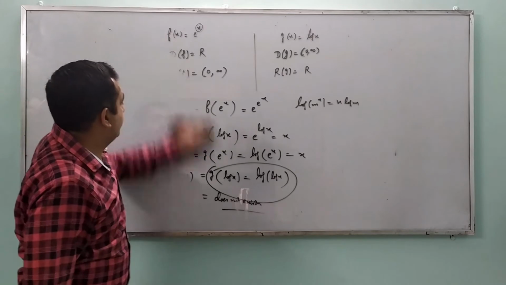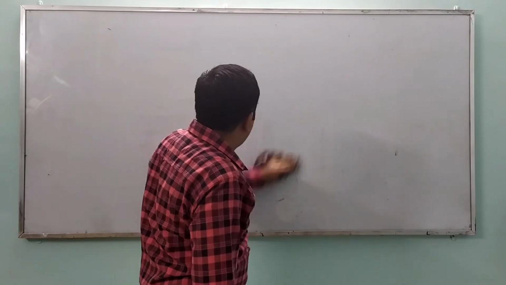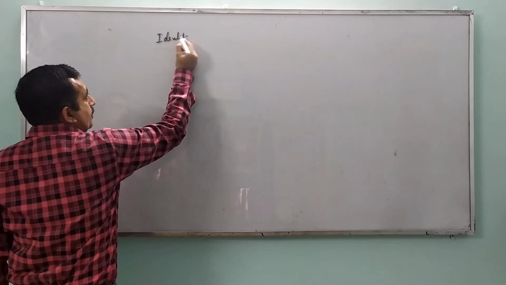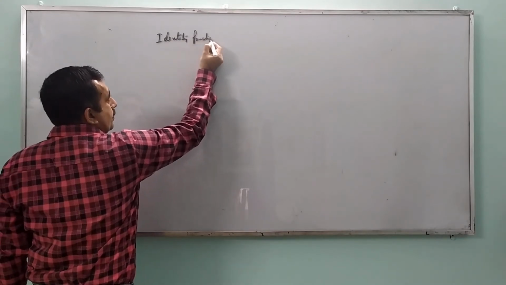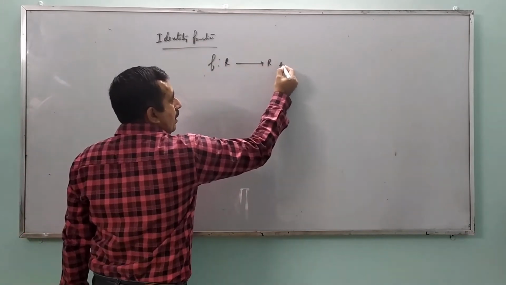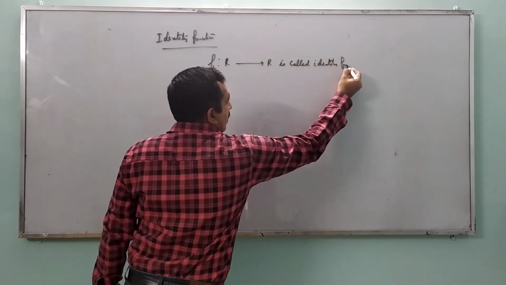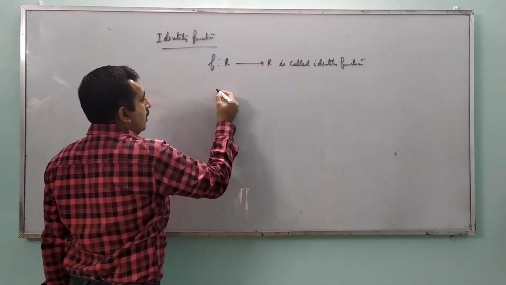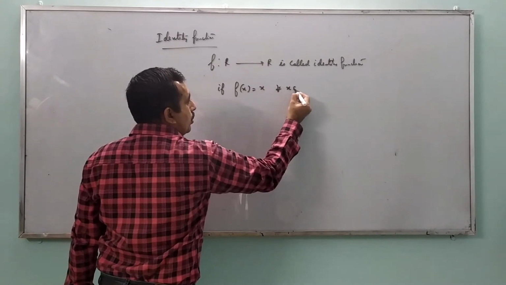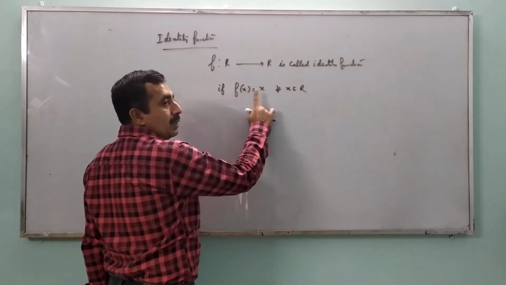See next thing. Next definition is identity function. A function from R to R is called an identity function when f(x) equals x for all x belonging to R. If the function operates on x, the answer is x.